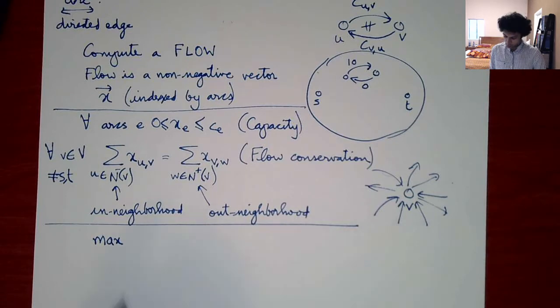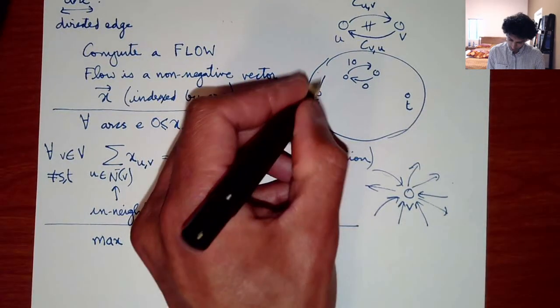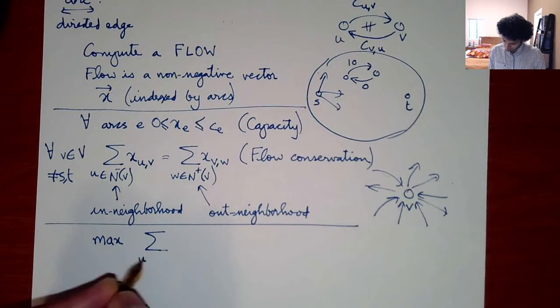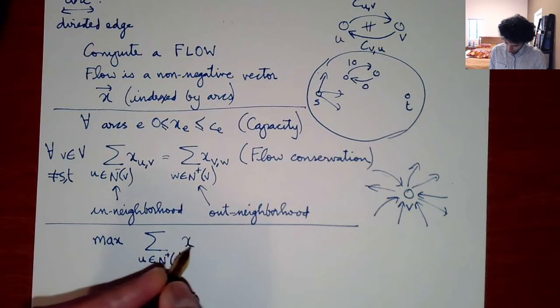And what you want to do is you want to maximize the total flow that is going out of the vertex. So we want to maximize this quantity. So we'll say for all, I'm using U, so I'll just use U again, for all vertices in the out neighborhood of S, we're looking at flow on arc SU.